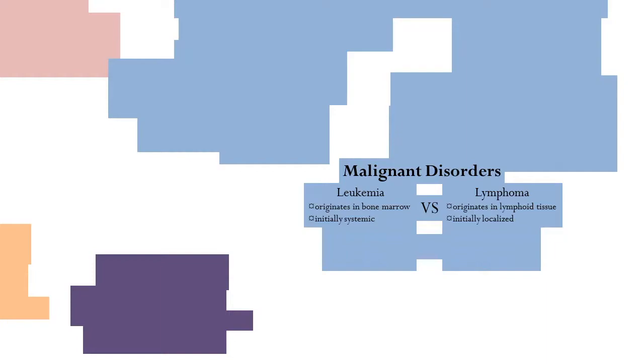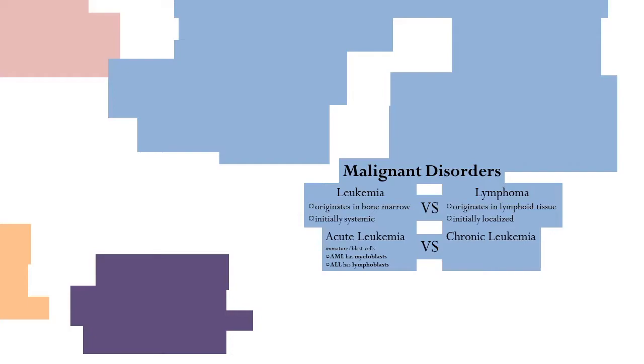What cells are seen in acute leukemia, such as AML and ALL? Acute leukemia involves immature and blast cells, where AML has myeloblasts and ALL has lymphoblasts.